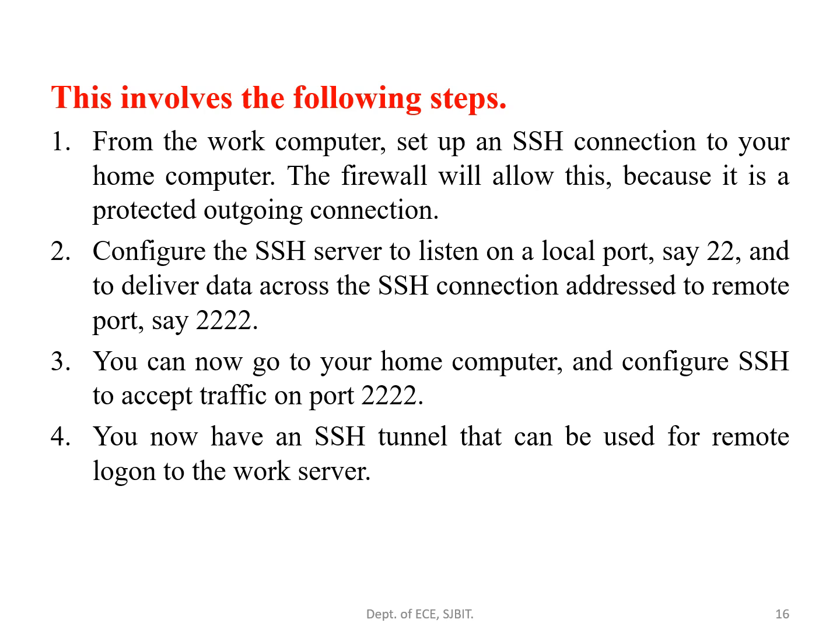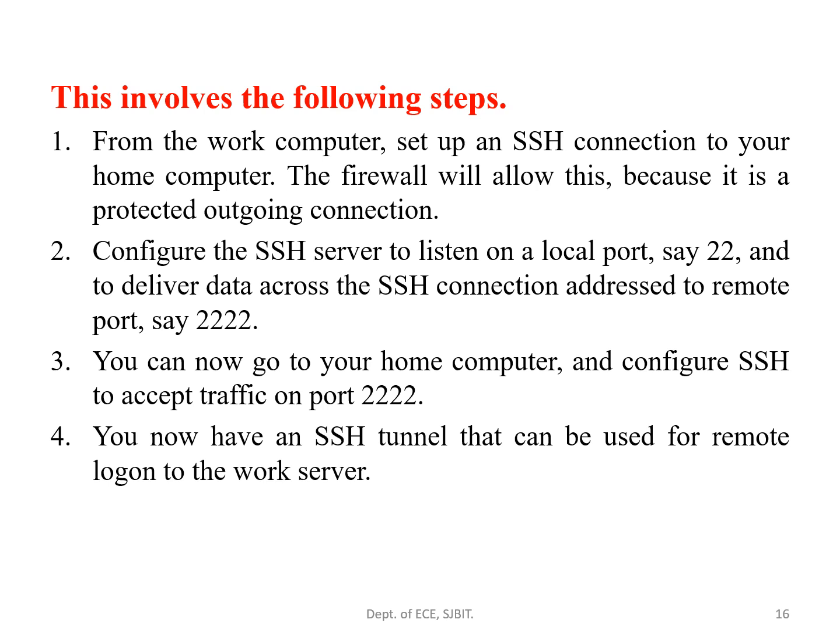Second, configure the secure shell server to listen on a local port, say 22, and to deliver the data across the secure shell connection addressed to a remote port, say 2222. Then you can go to your home computer and configure secure shell to accept traffic on port 2222.